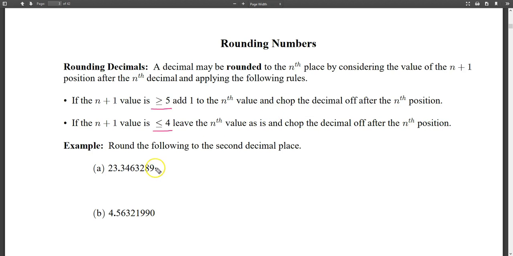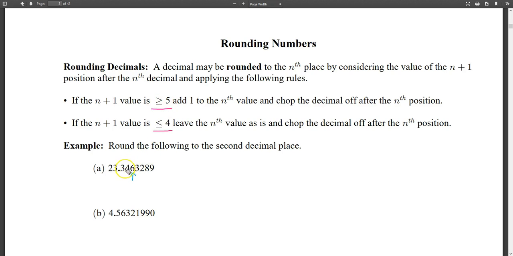Let's take a look at 2 examples here. For the first one, we want to round this to the second decimal place. So we look at the third decimal place, that's the 6 right here. That is bigger than or equal to 5.